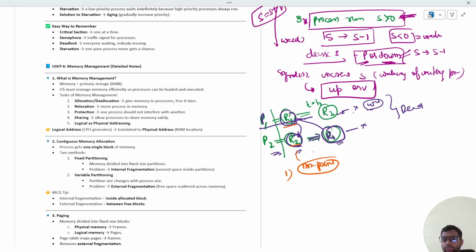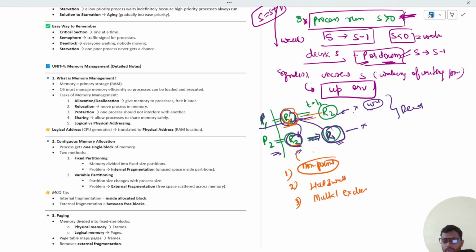That means P1 is not willing to release its resource until it completes its execution, and P2 is also holding on to a non-preemptive resource. Number two is hold and wait, which means you are holding a resource and then waiting for another resource. This is another condition for deadlock. What could be another condition? Mutual exclusion.